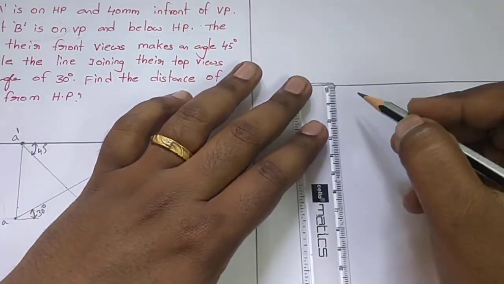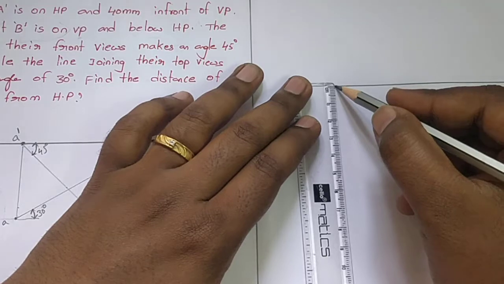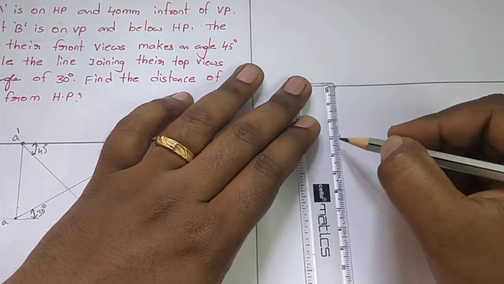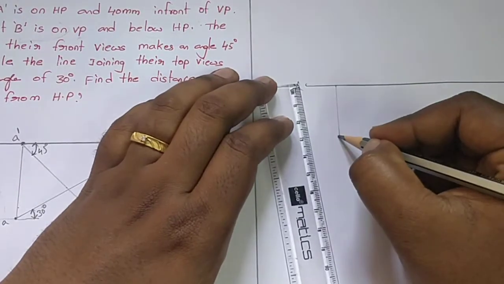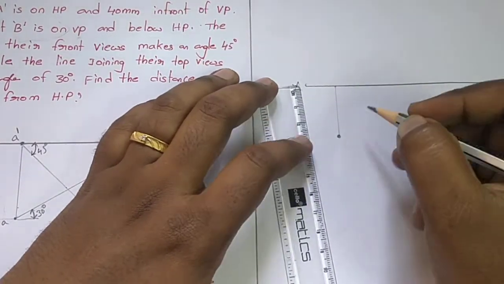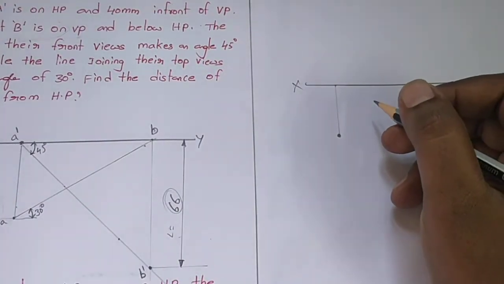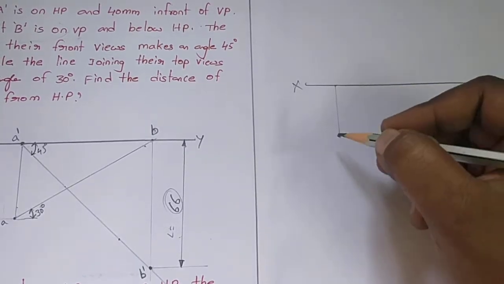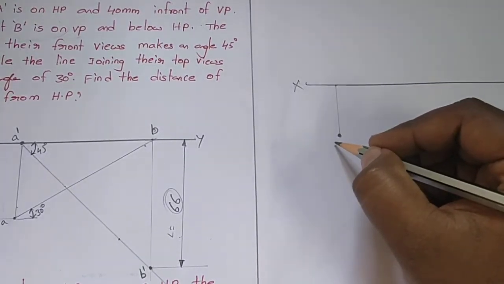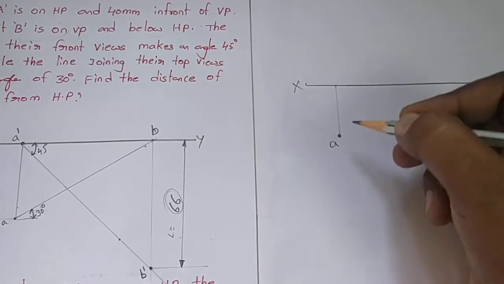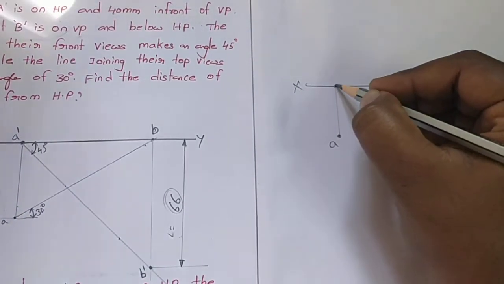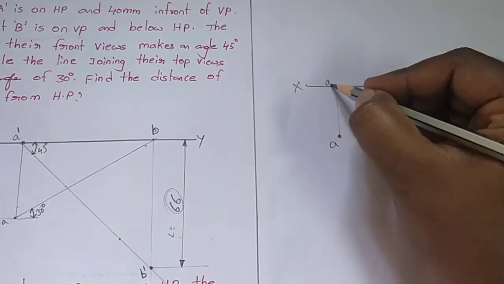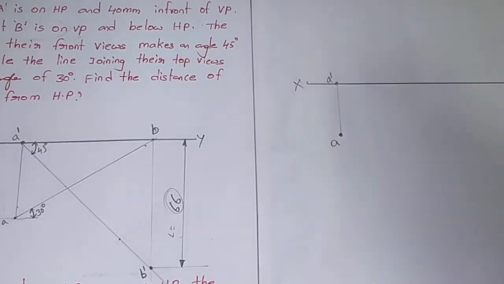From this point to this point, 30 mm in front of VP, we have to measure. The distance from this point to this point is 30 mm, in front of VP. In front of VP means it is the top view. That is A. The point is on HP, so the front view is on the XY line. It is the projection of point A.